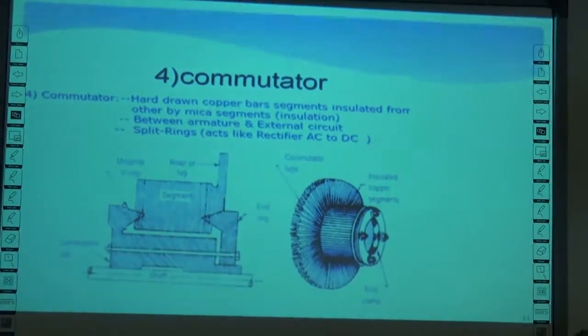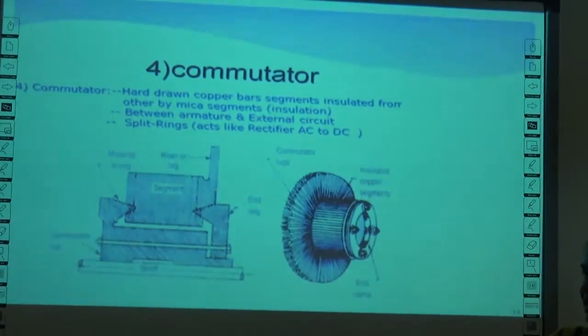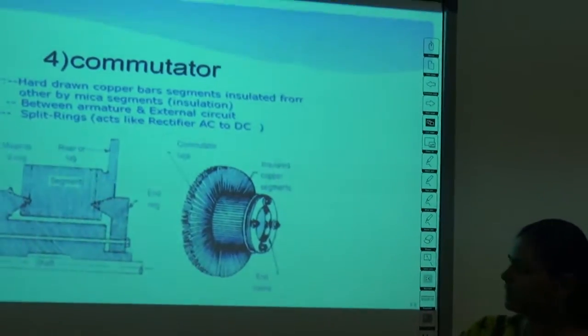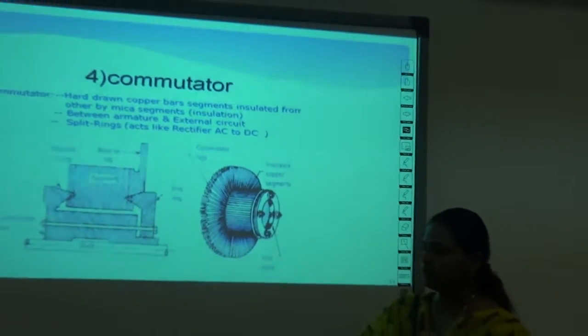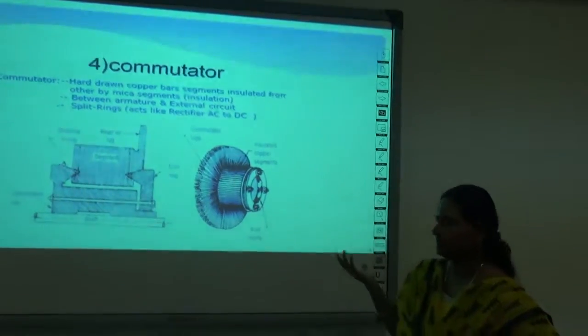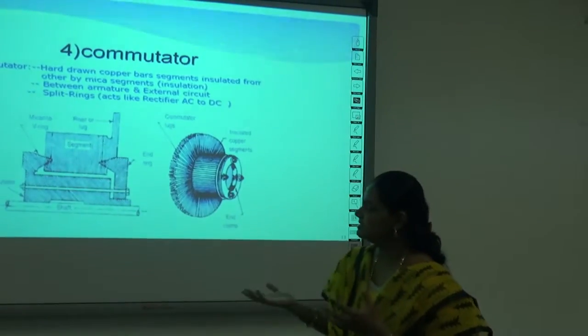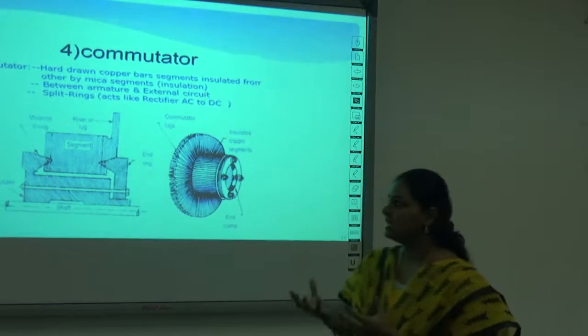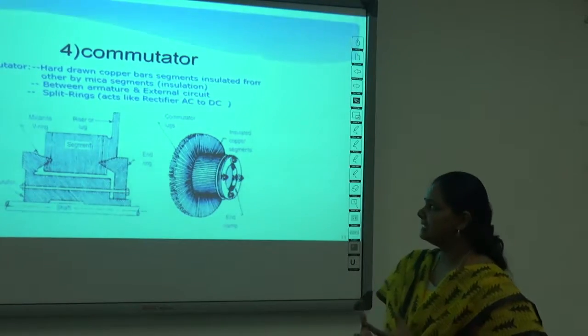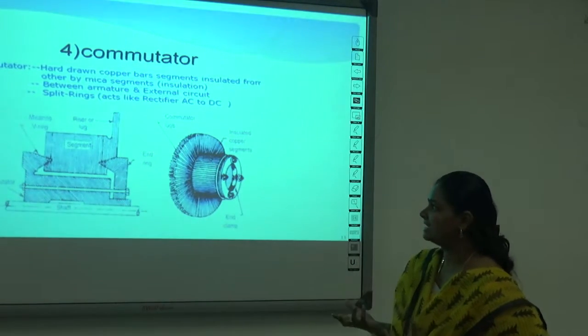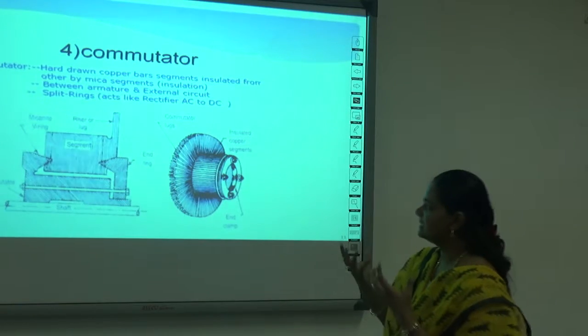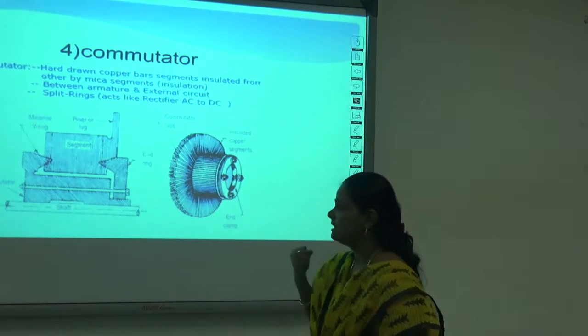I am taking a commutator, which can act as a mechanical rectifier, converting an alternating quantity into a direct quantity. Commutators also serve another purpose as current carrying devices; that is, it takes current from the armature conductors.